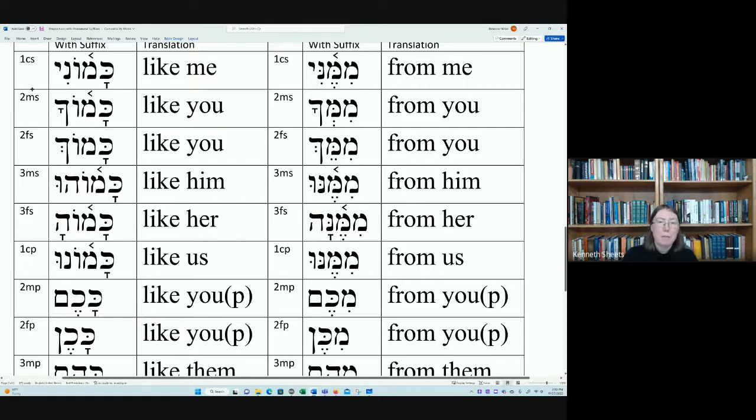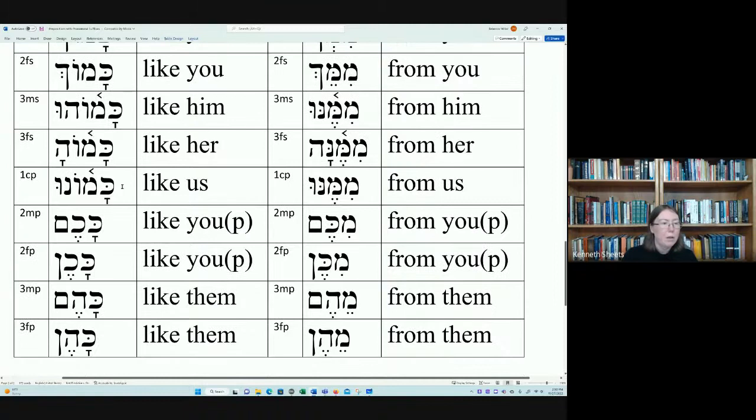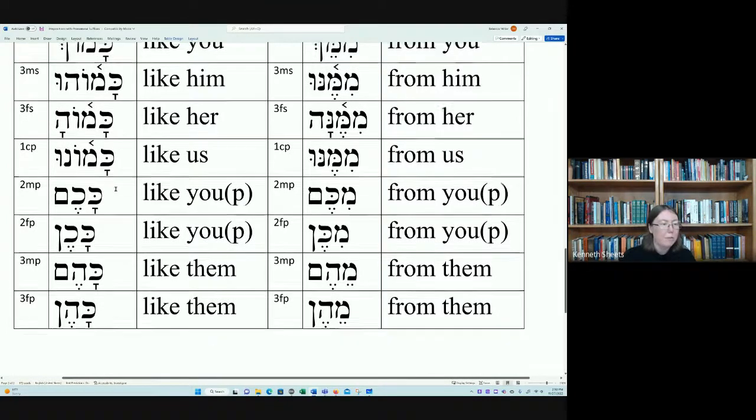So the kaf preposition with the first common singular pronominal suffix becomes kamoni, like me. Second masculine singular, kamoka, like you. Second feminine singular, kamok, like you. Third masculine singular, kamohu, like him. Third feminine singular, kamoha, like her.